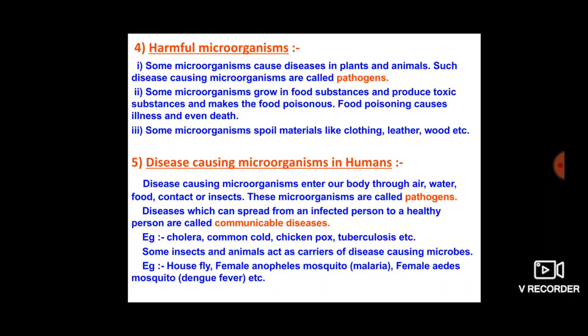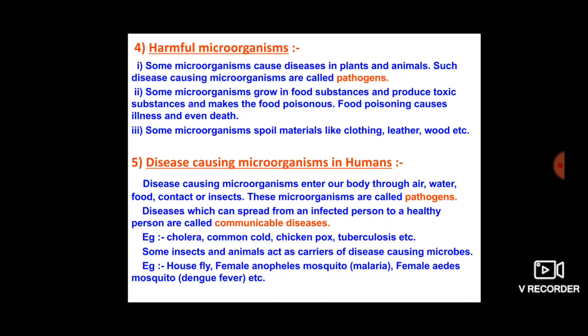When we consume this kind of bad smelling or destroyed food, our body has a possibility of facing a lot of health issues. Even some microorganisms spoil materials like clothes, leather, wood, etc.